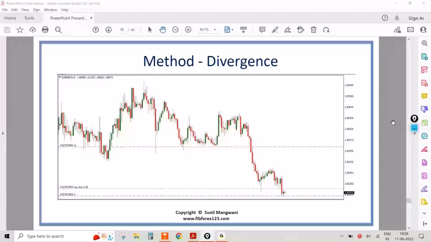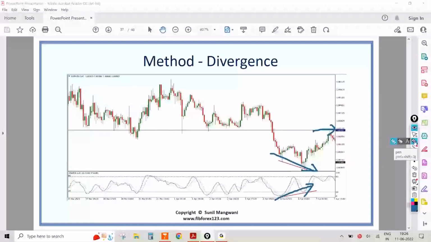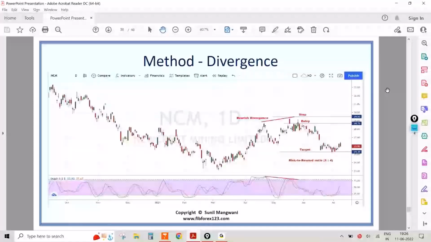This is what happened. Price came and stopped exactly at the designated target, because this target was based on the Fibonacci level. You can see this low, you can see this indicator making highs. So this is a classical example of a divergence. This happens often and this is very effective.